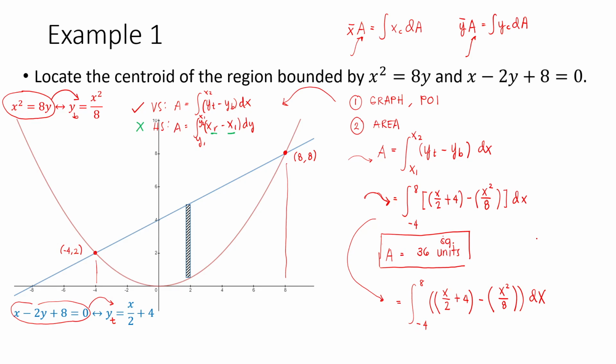I group it with many parentheses so I can trace my terms when I double check my solution. This enclosed parenthesis is the y top function, and the enclosed parenthesis in the second term is the y bottom. And of course, to be safe with the distribution of the operation signs, because one mistake in declaring the operation will result in a different answer.